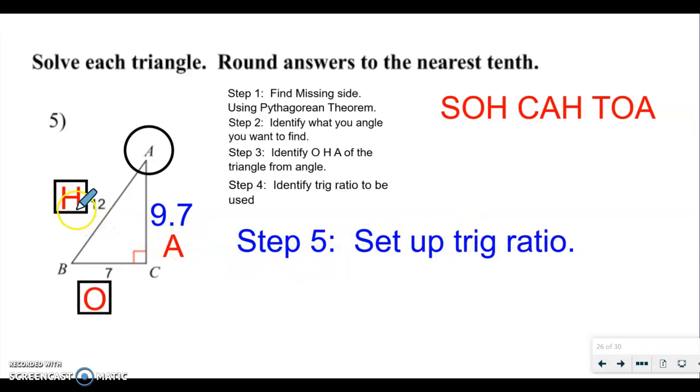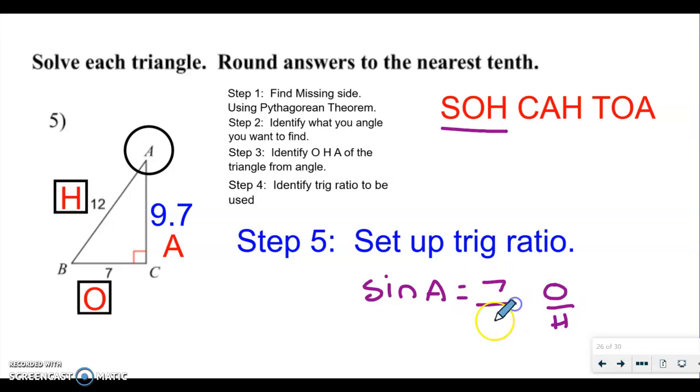I'm going to identify the ratio that we're going to use, which in this case is opposite and hypotenuse. So we're going to be talking about sine of the angle is going to be equal to the opposite over the hypotenuse, which is 7 over 12.